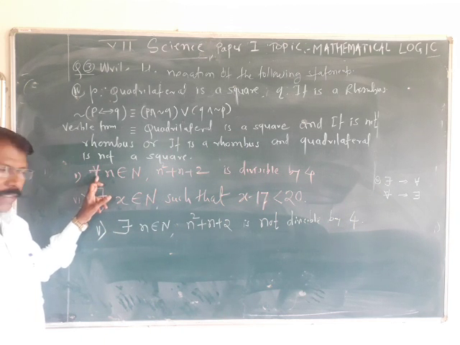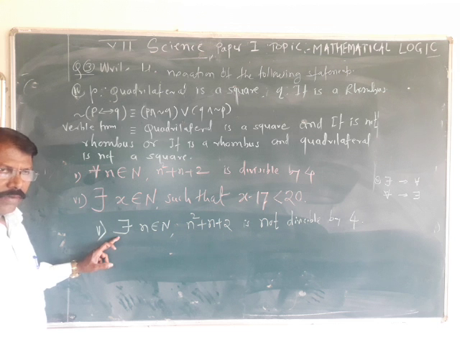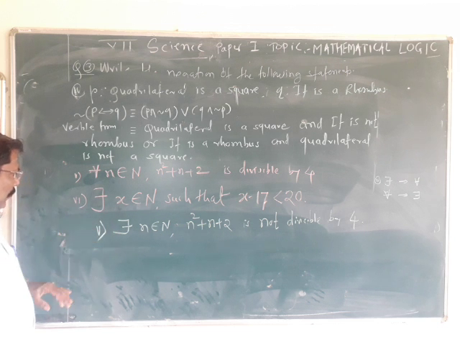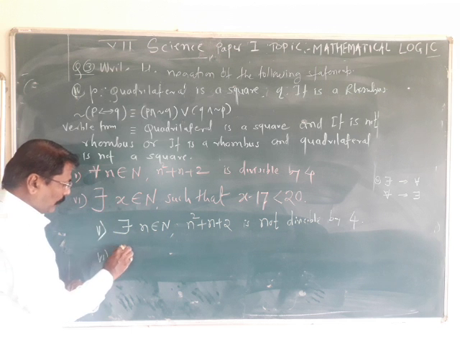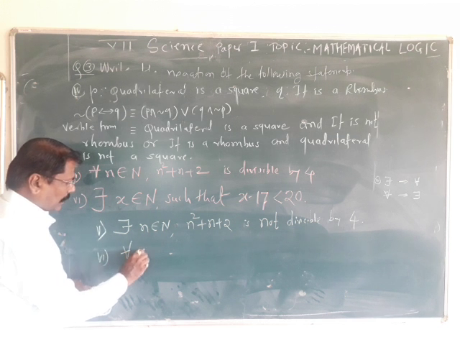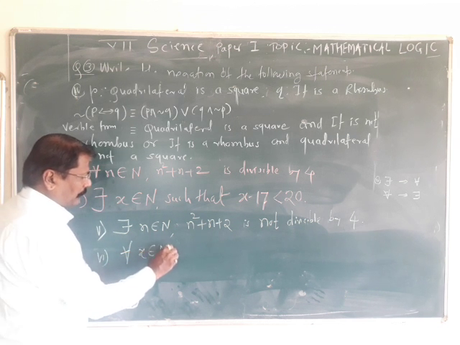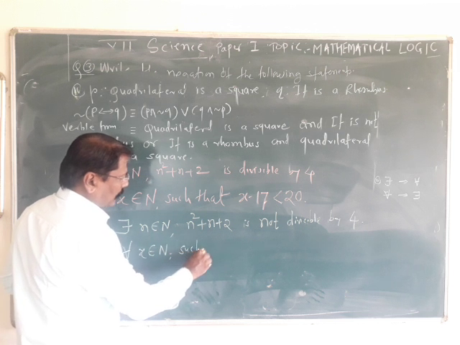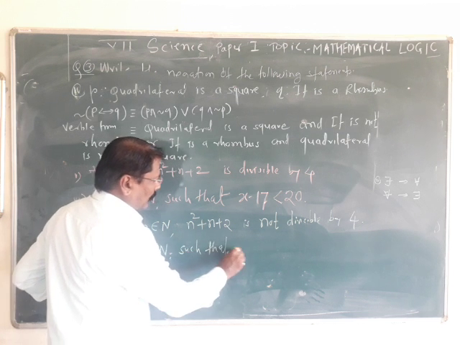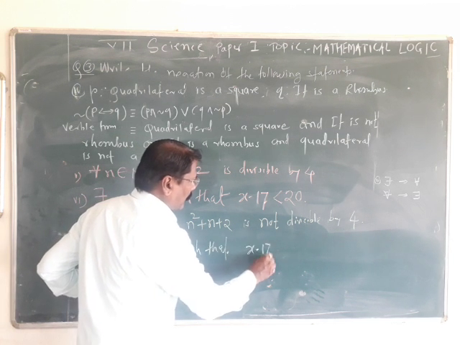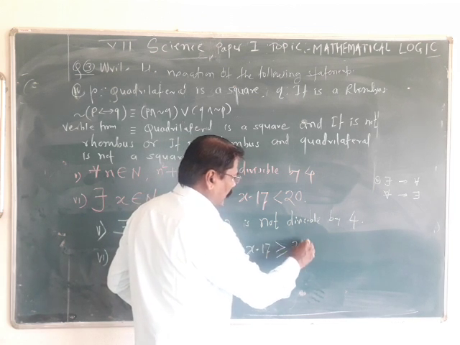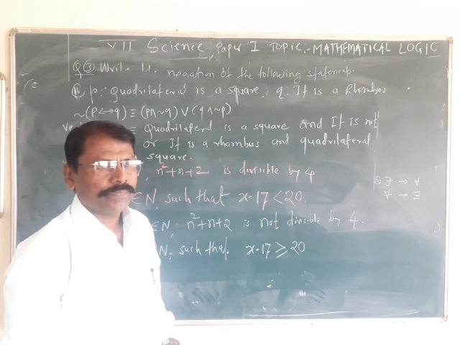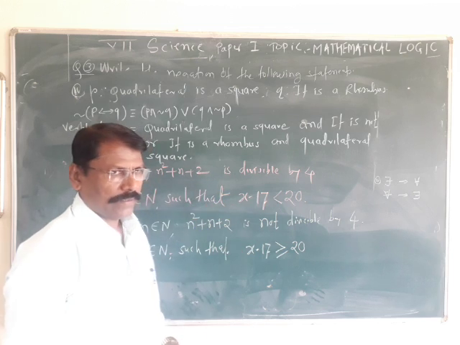So for all becomes there exists or for some. Similarly, the sixth will be there exists becomes for all x belongs to N such that x minus 17 will be greater than or equal to 20. So these are the negations.